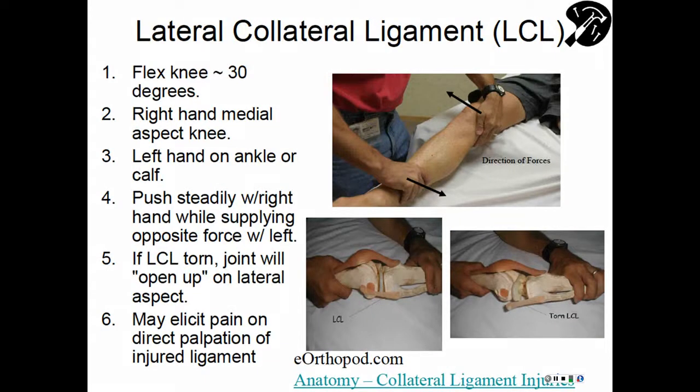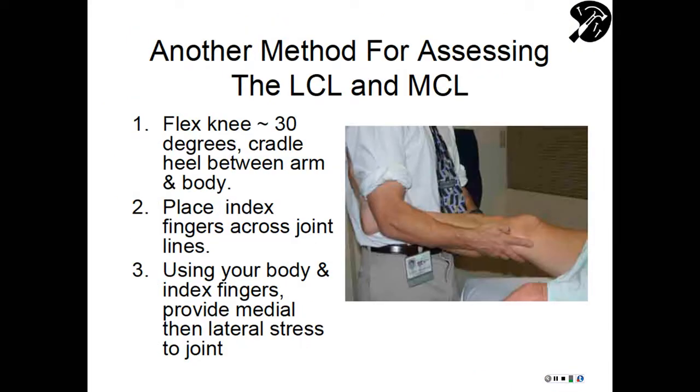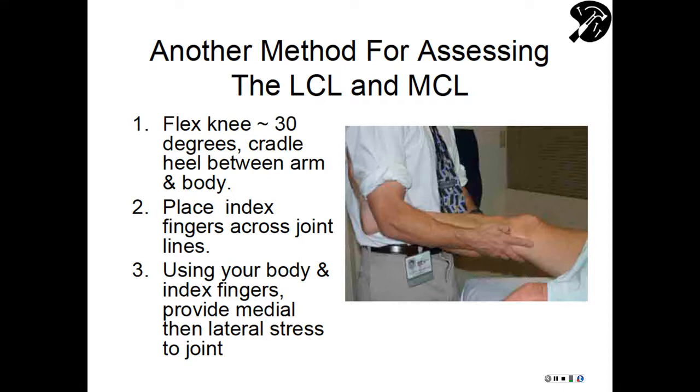Okay, on the lateral, notice that his fingers are pointed laterally on the upper hand. Another way of testing for the MCL or ACL is to have the leg straight, and you're going to cradle it in your arm and try to twist the knee to see if it will give on either side.